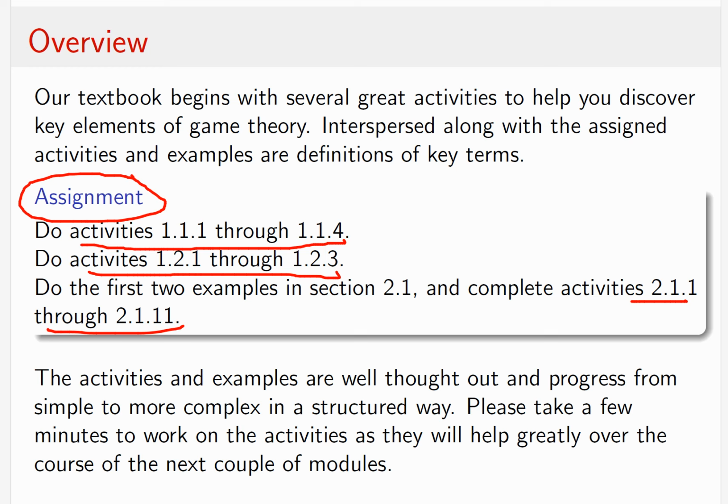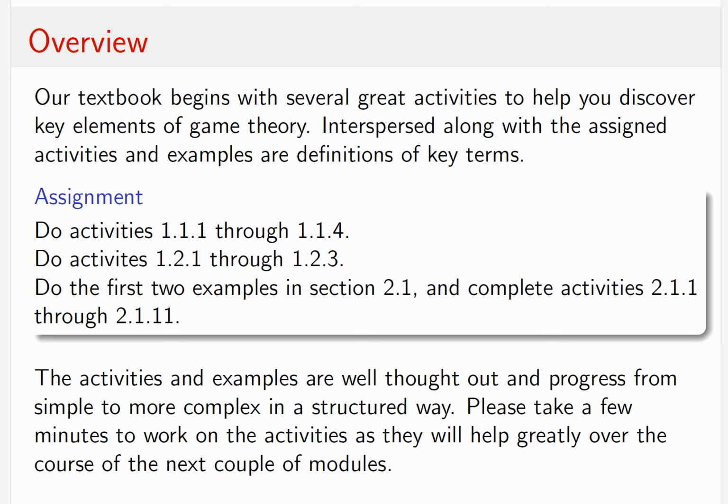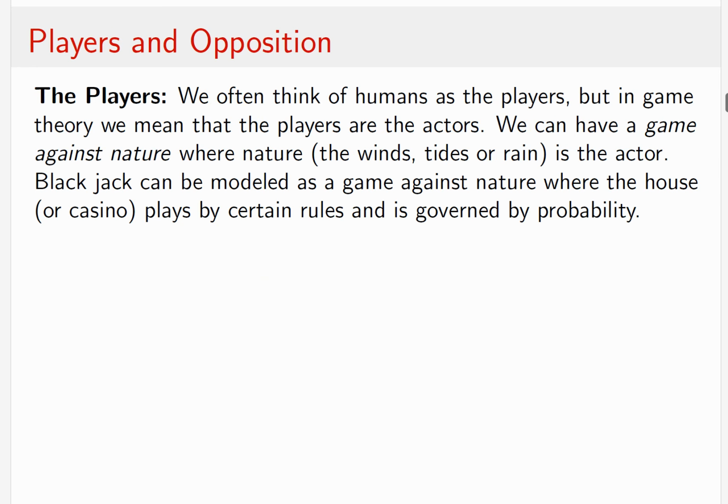So it's going to help a lot to take a few minutes and go through those examples, and maybe even get out a scrap piece of paper and do some calculations, write down the results of your analysis, and then check to see if the book seems to agree with you. So that's what you should do if you really want to understand the content very well.